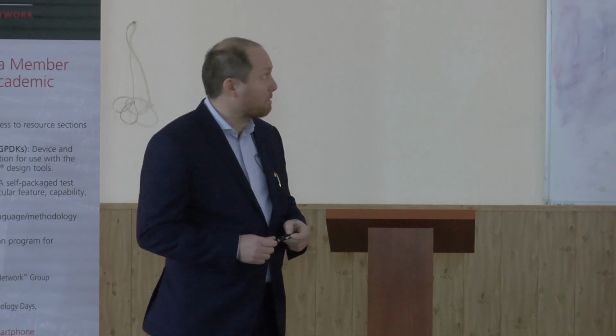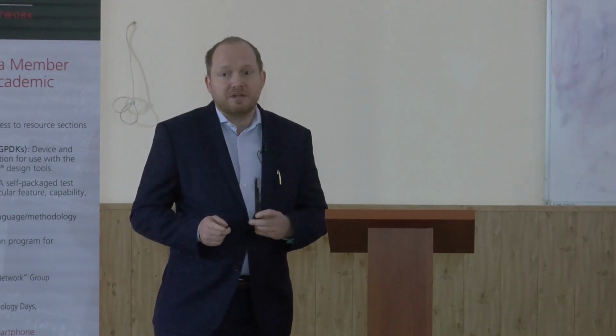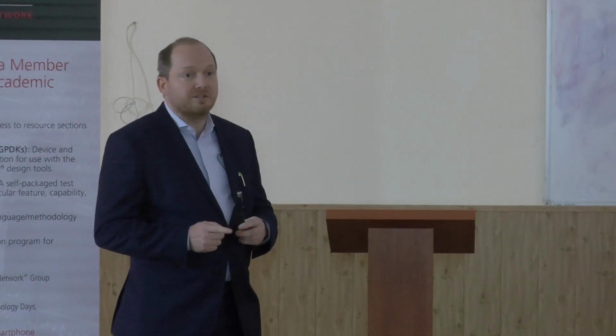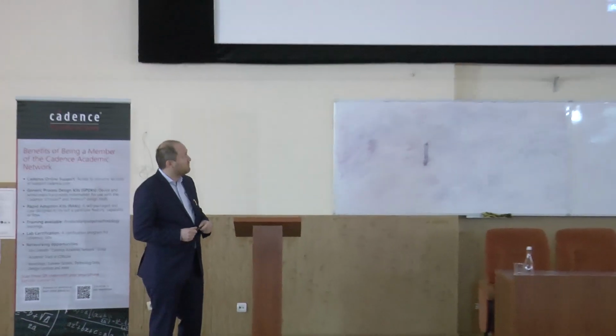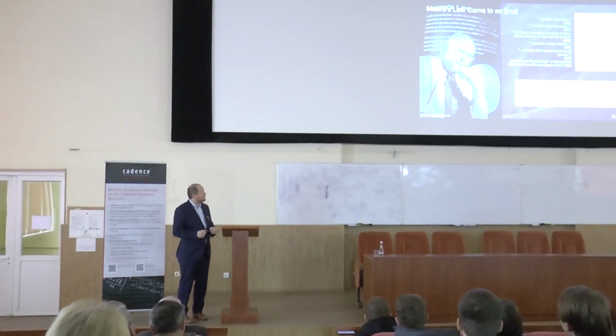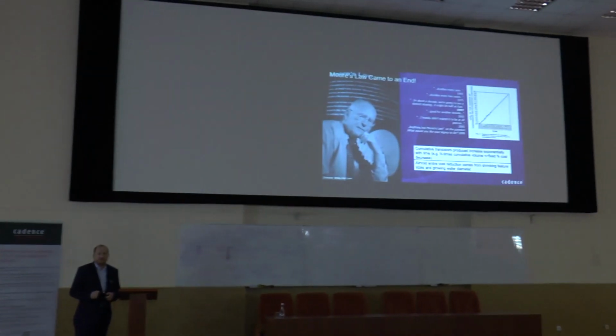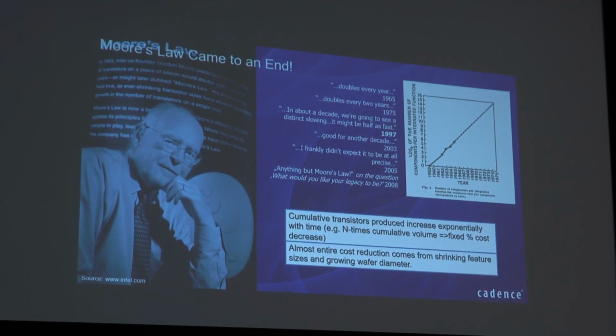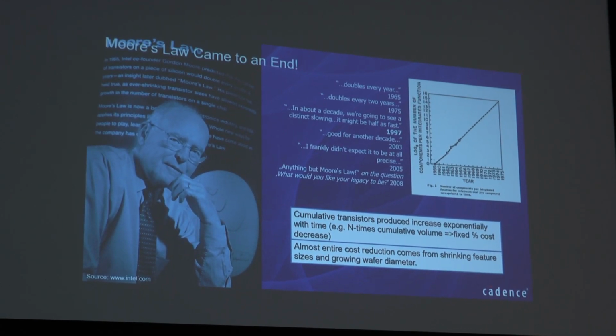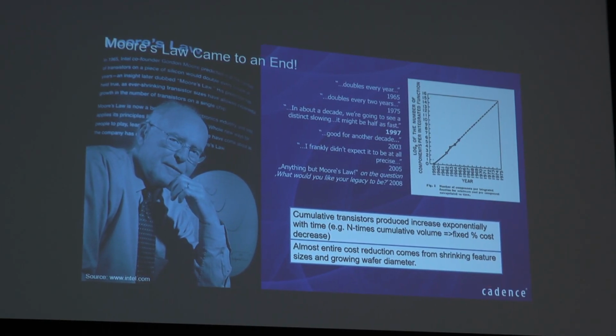Now let's talk a bit about Gordon Moore and the law named after him. What Gordon Moore said was that the density of transistors is doubling every year. He claimed this in the 60s, and he had only 4 data points, and through these data points he just drew a line and said that in the future this would continue.